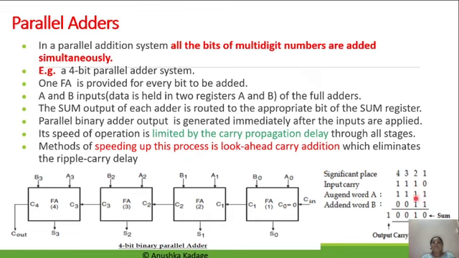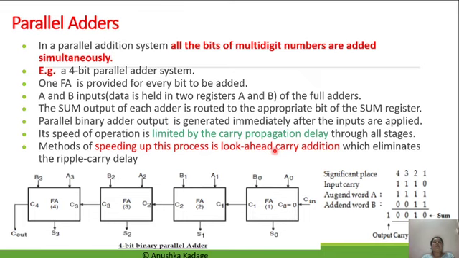This delay is caused by the propagation of the previous bit addition carry to the next stage. And so another type of parallel adder is needed, which is going to speed up the process, and that is known as look ahead carry addition. This look ahead carry addition is going to eliminate the ripple carry delay.